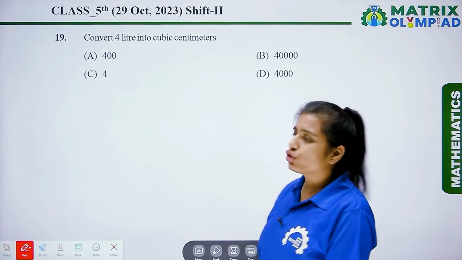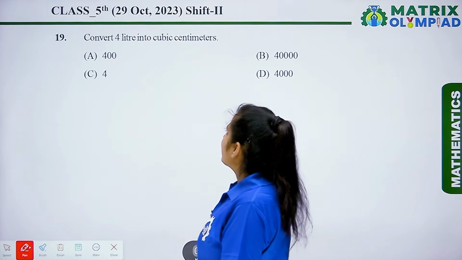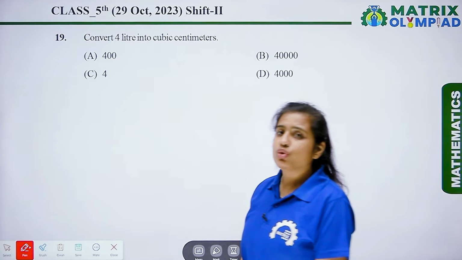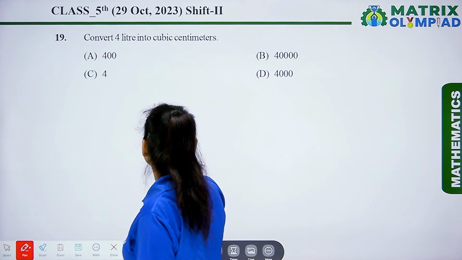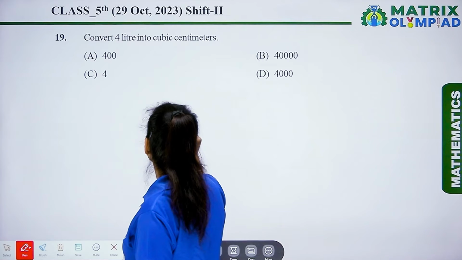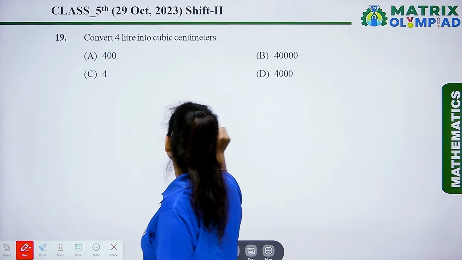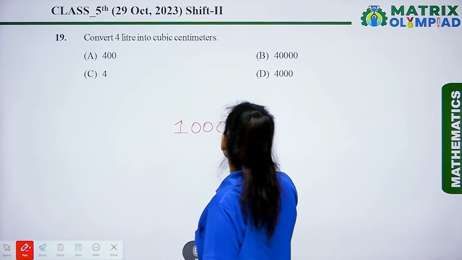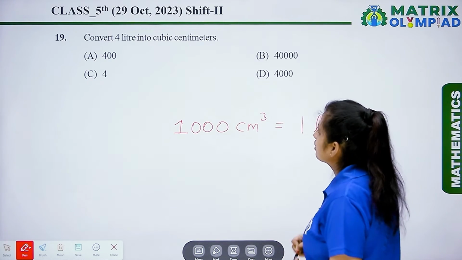Now the next question is question number 19. Convert 4 liter into cubic centimeter. It means we have to convert liters into cubic centimeters. So here we know that 1000 centimeter cube is equal to 1 liter.